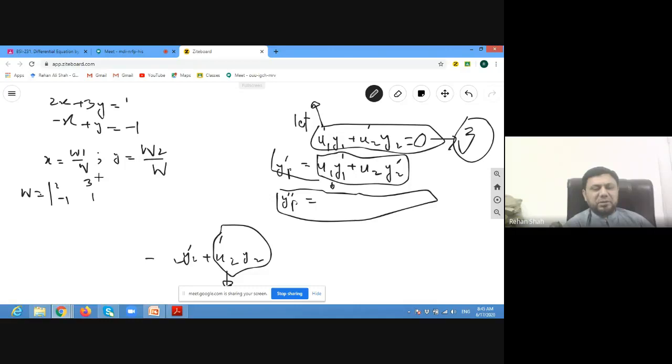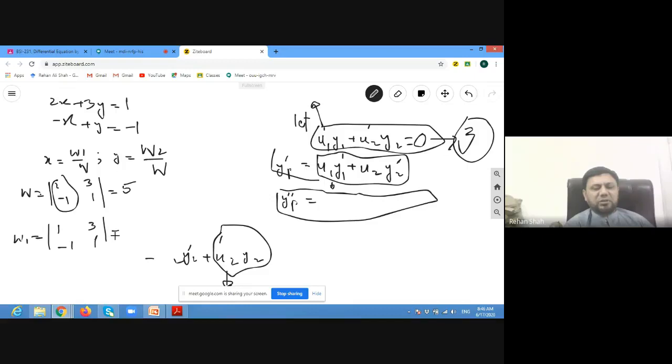This is W, and you will get a value, suppose 5. For W1, do not write the first column that is in W; instead, write the right-hand side values, 1 and minus 1, and write the second column the same as in W, so 3, 1.